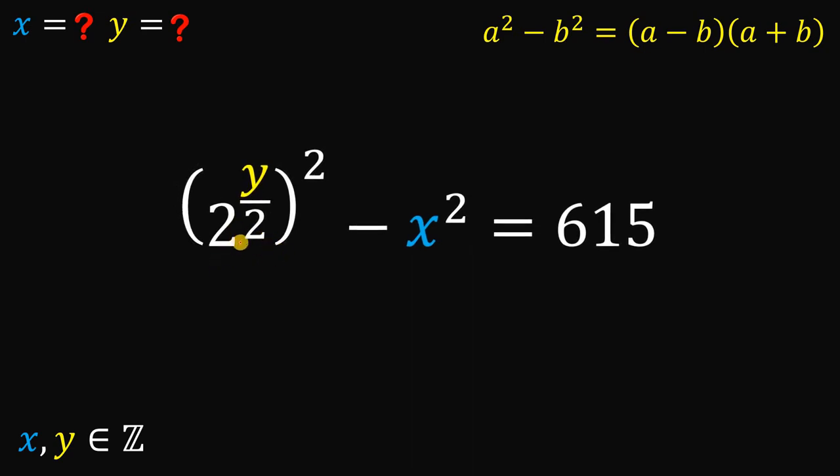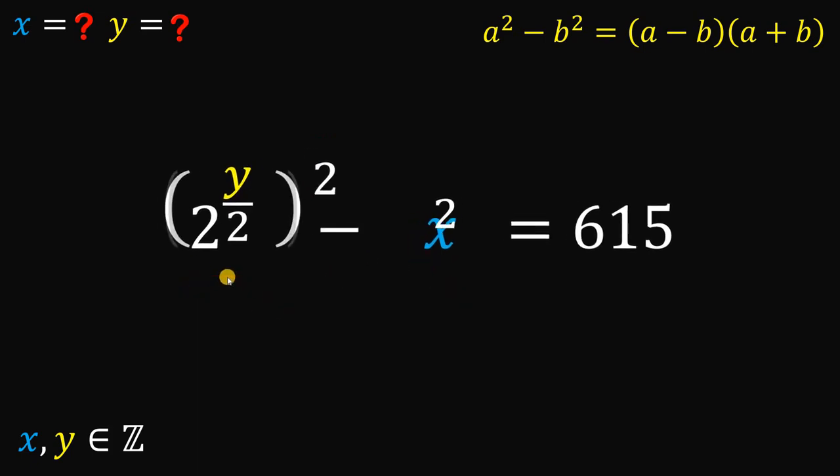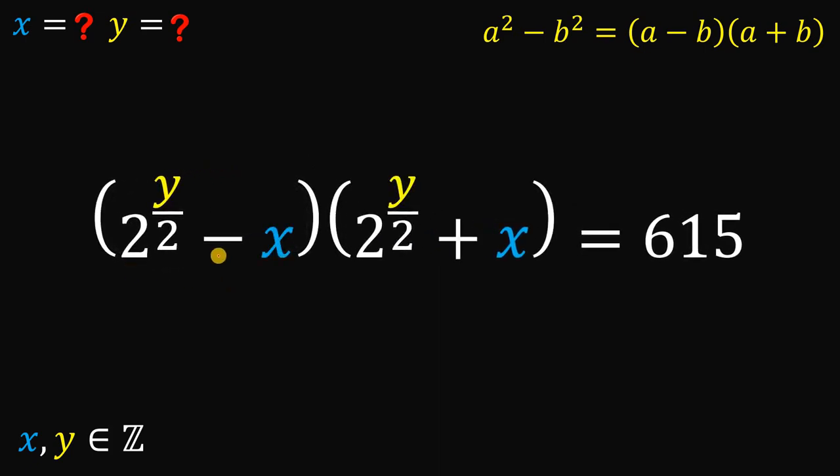So now, 2 raised to y can be written as 2 raised to y over 2, raised to the power of 2. Now, this is a perfect square. Therefore, we can factor the left-hand side as follows: 2 raised to y over 2 minus x multiplied by 2 raised to y over 2 plus x.